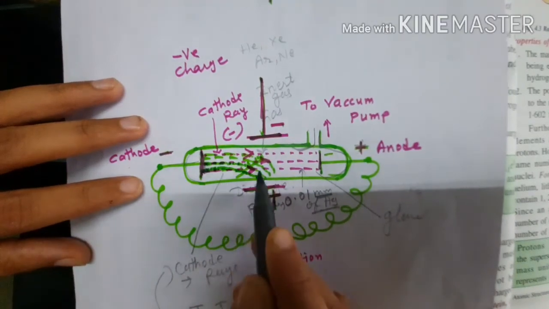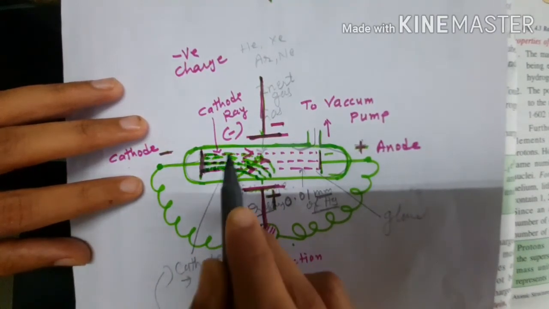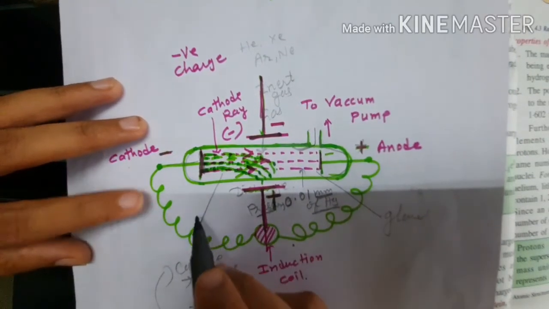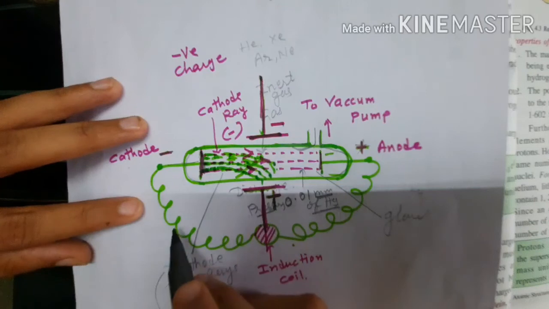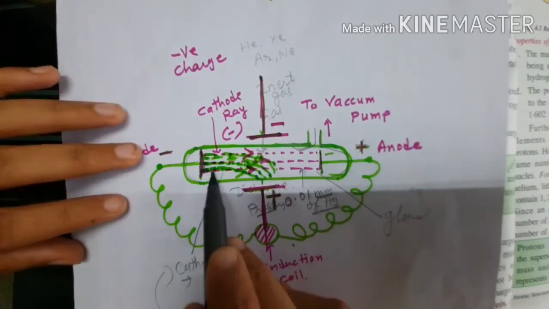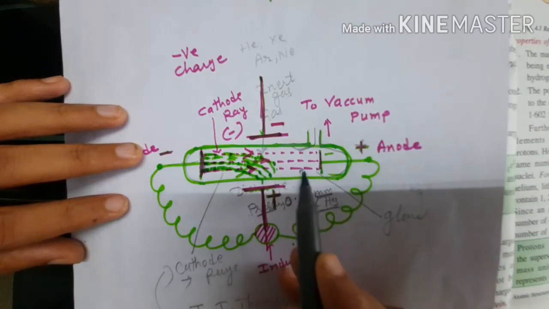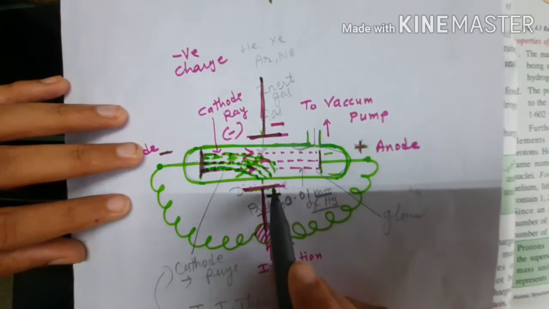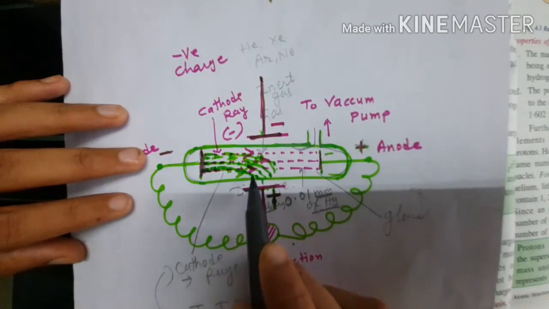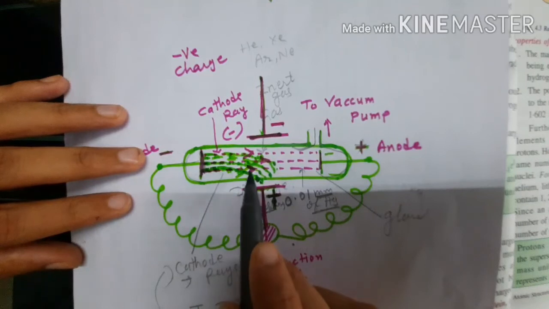like this. As we learn, positive attracts negative and negative attracts positive. That is a natural phenomenon. So he said that if these rays are attracted towards the positive direction, this is the negatively charged particle present in these rays.